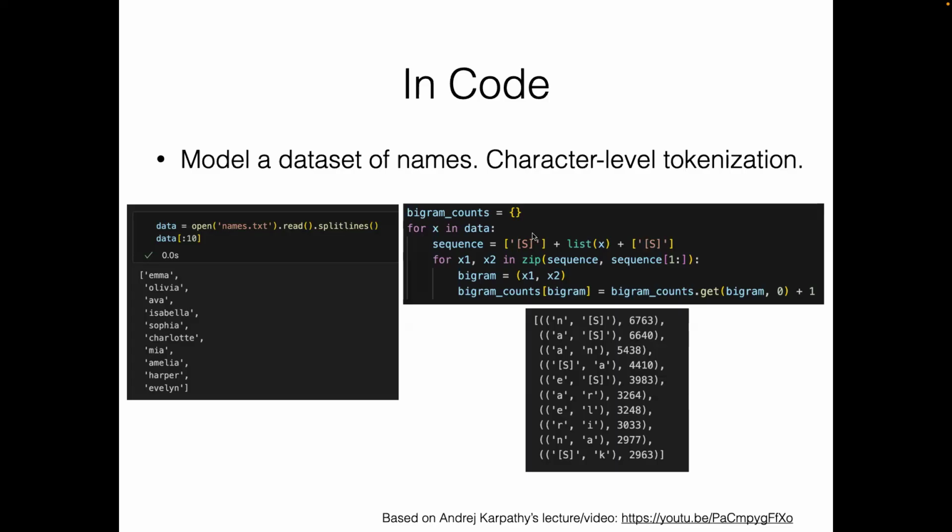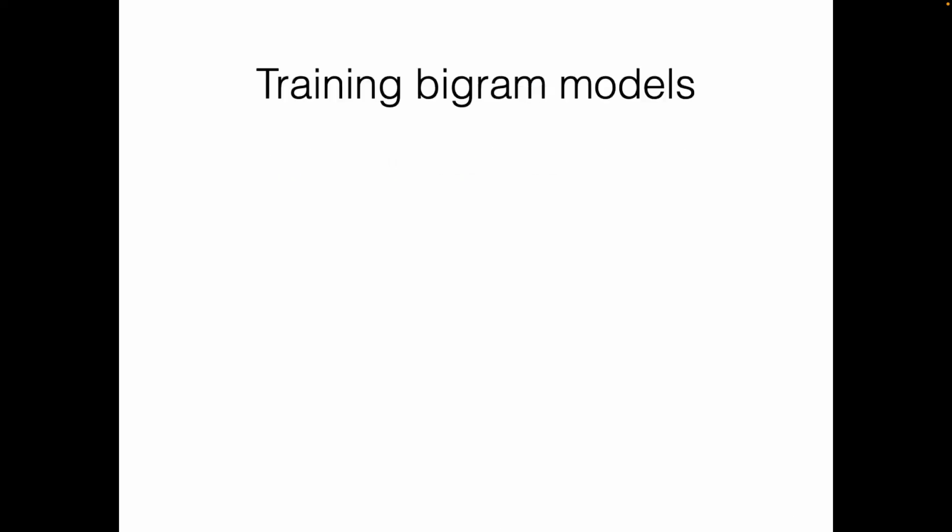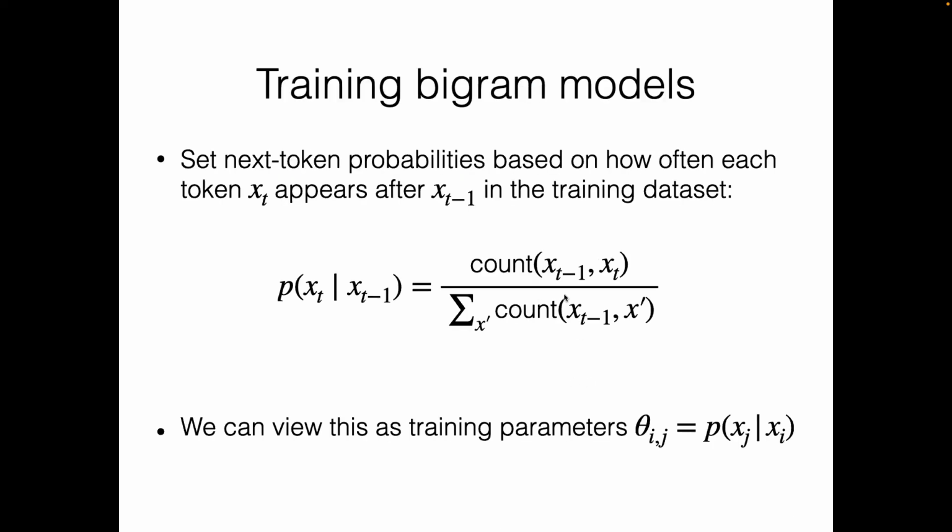You can see why we add in these special tokens, because then you could ask things like, what is the most common letter that ends a name, or what is the most common letter that starts a name? Here are the frequencies you get, and then using this formula, with these different counts, you can get for any particular character xt its probability given some previous character by just using these counts.